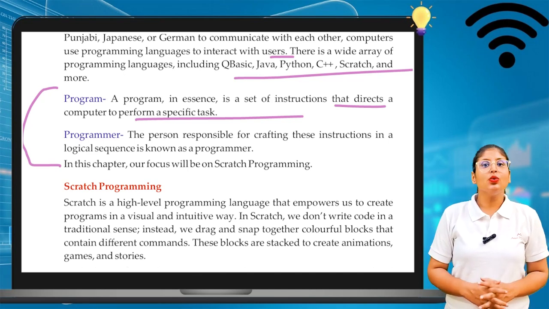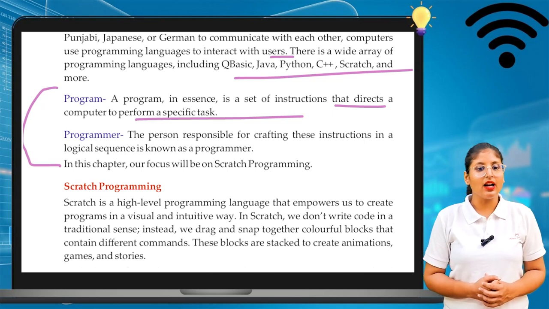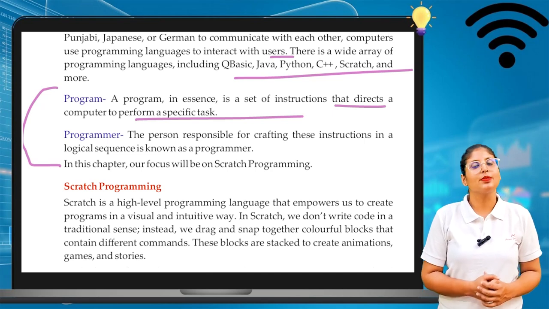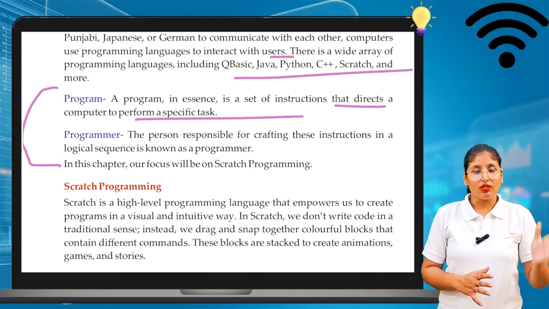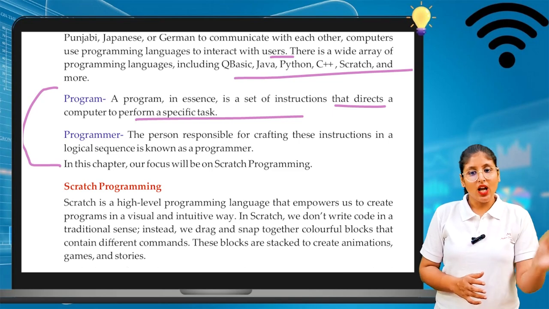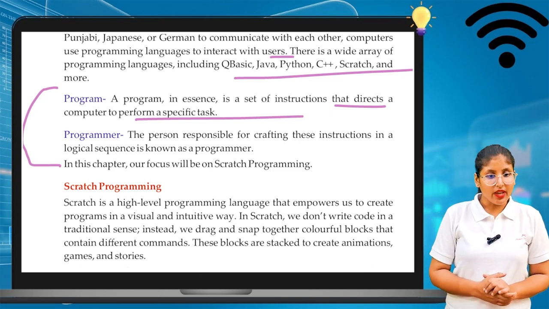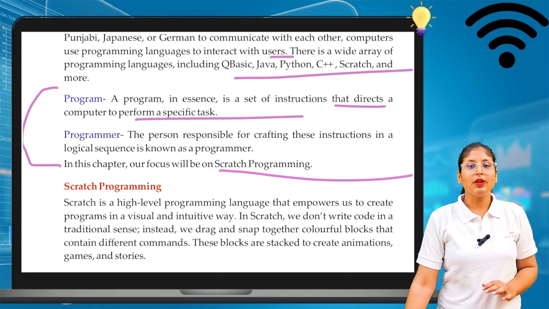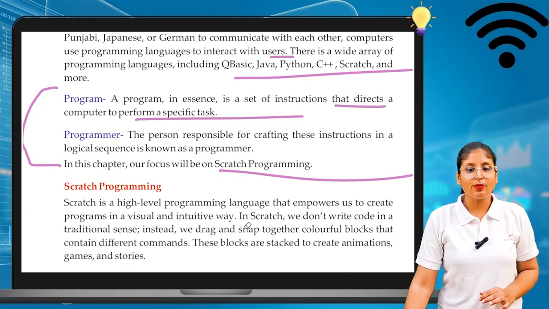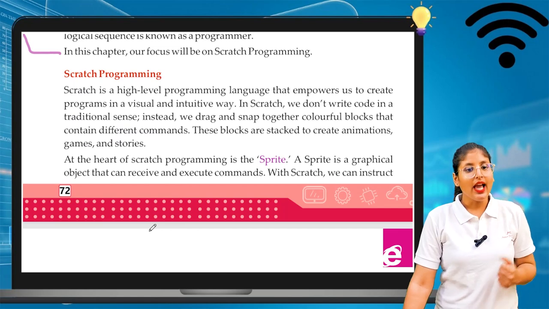The person who is responsible for crafting these instructions in a logical sequence is known as a programmer. In this chapter, we will focus on Scratch programming, what it is all about and how it works.